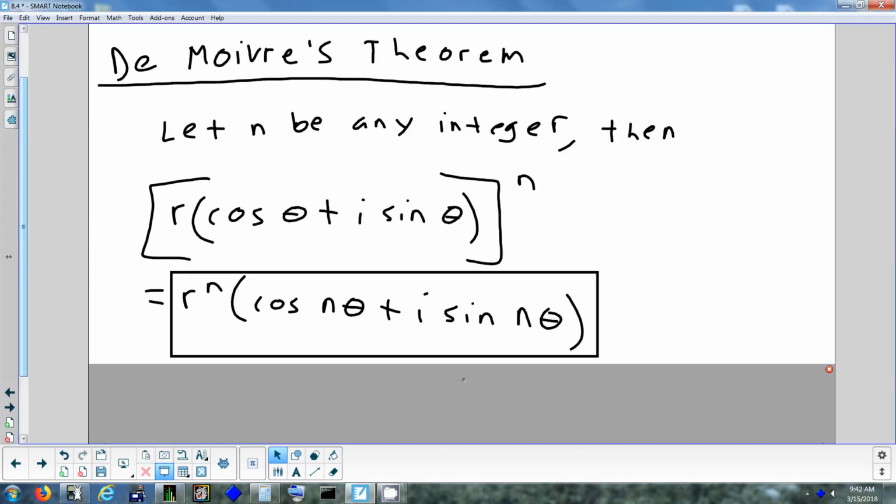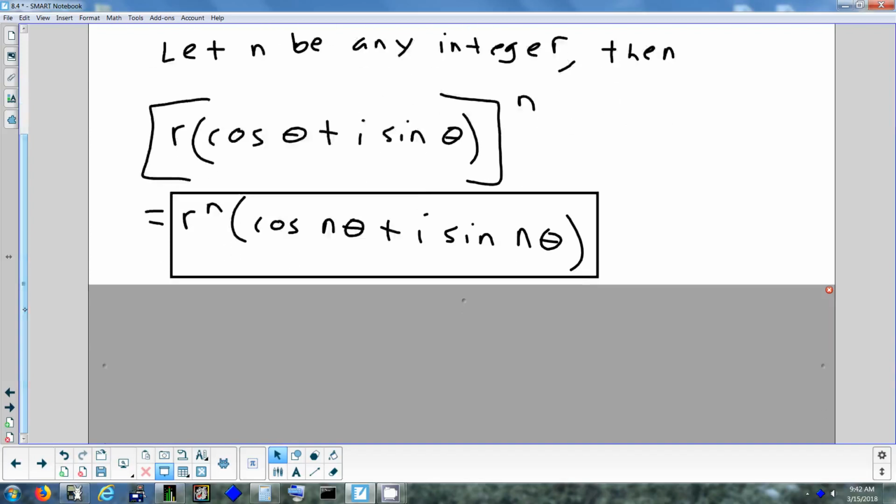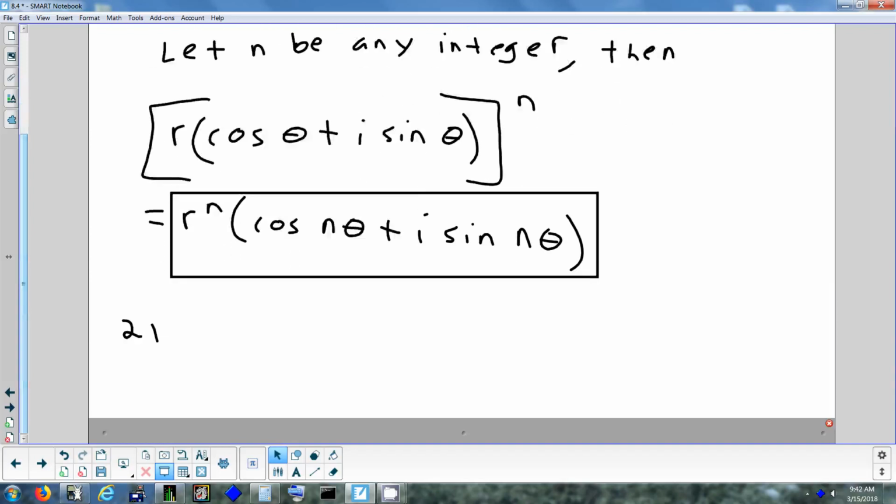Okay, I'm going to show you something the old way. You don't have to write it down. I just want you to watch all the steps I have to go through to do it. And then I'll show you a problem the new way. Let's say I wanted to take 2 plus 3i. Actually, let's just do 2 plus 4i and cube it.